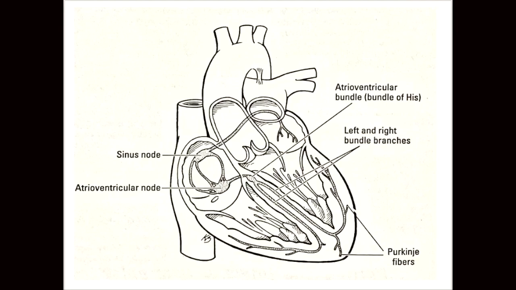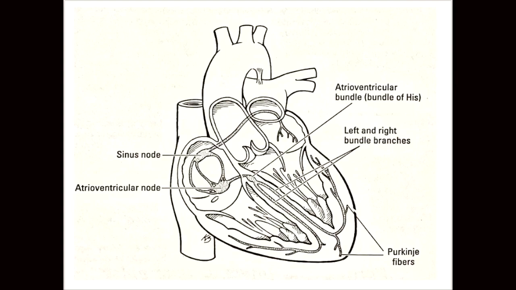Then there is the AV node, which is the atrioventricular node. Next is the AV bundle, the atrioventricular bundle. And the next structure is the left and right bundle branches, and finally the Purkinje fibers.